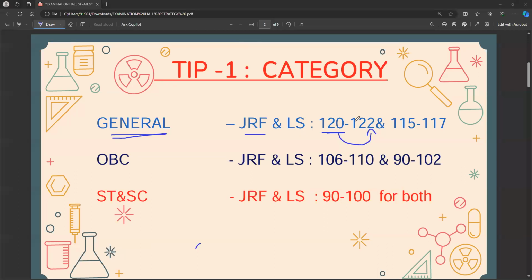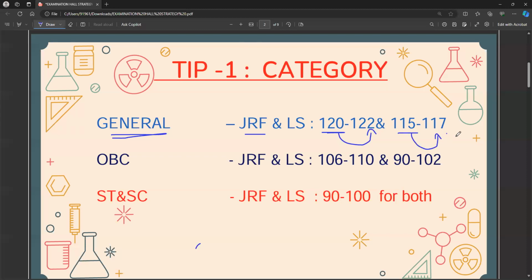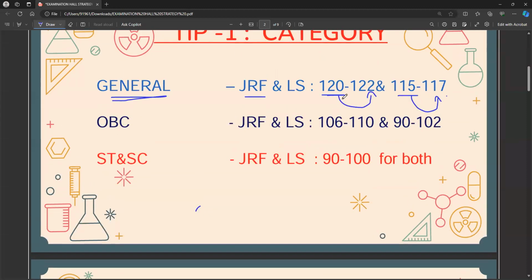Then for the same general category, if they are aiming for the LS, it should be a minimum of 115 and a maximum of 117. Don't get confused. I will tell you how to get this 122 marks, how to get 115 marks, and how many questions to be answered. First, remember how much you have to get. That is a very important point.